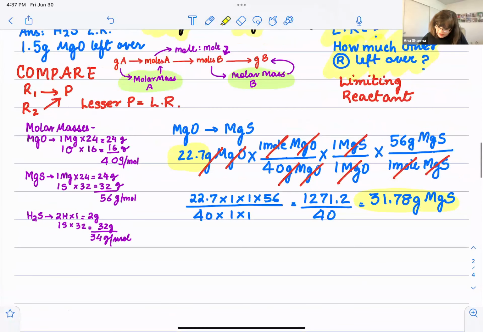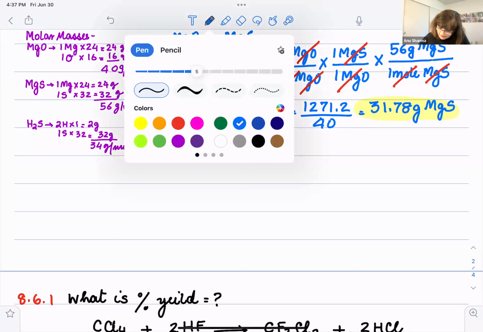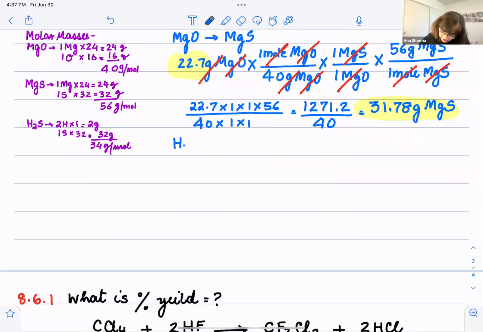Okay, so we are given the next, 17.9 H2S. Next is using the H2S, and how much of the magnesium sulfide is this producing?